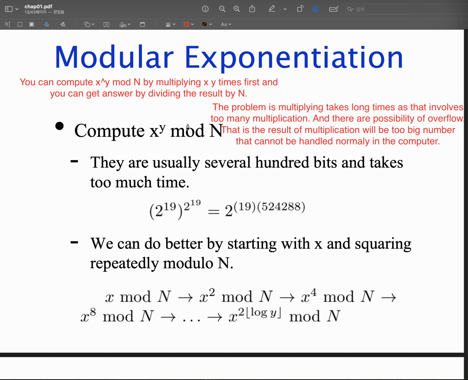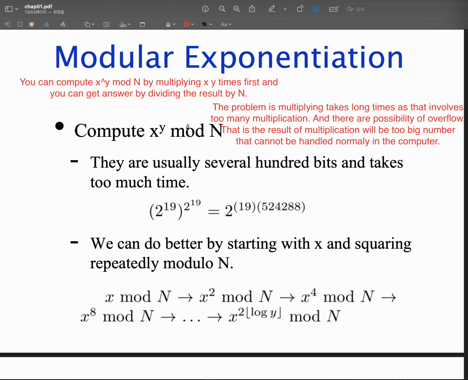The first problem is that just multiplying again takes too long, especially when y is a very big number. And the second problem is that if you multiply the same value repeatedly, the final result will be a very huge number. This number typically cannot be handled by a simple computer system. So this value cannot be computed.